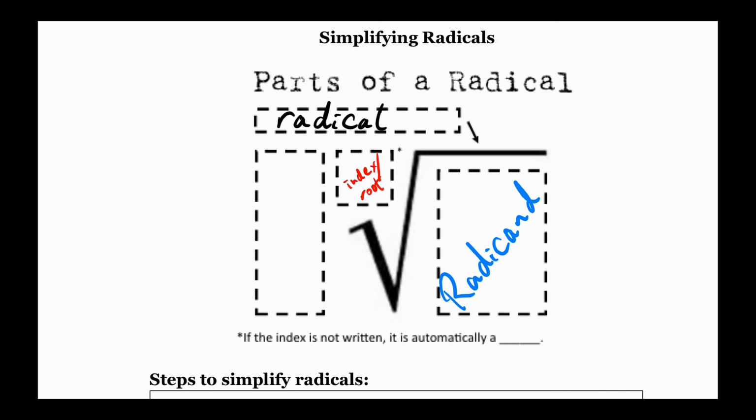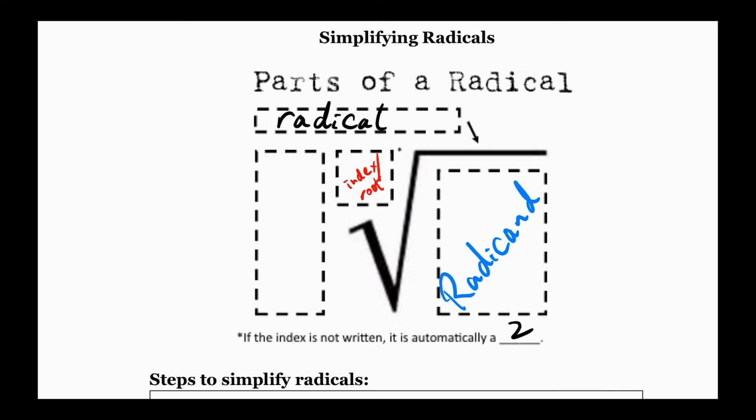Now, you're used to seeing it not be there, right? Well, if there is no number there, it's always a 2 because it means square root. So if the index is not written, it means it's a 2, square root. Okay, and we'll talk about why that is today.